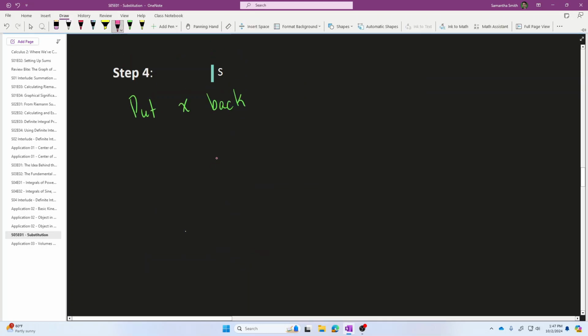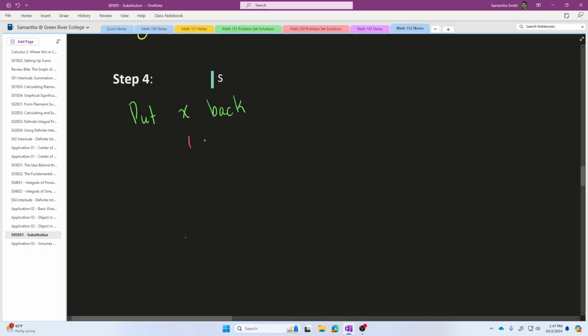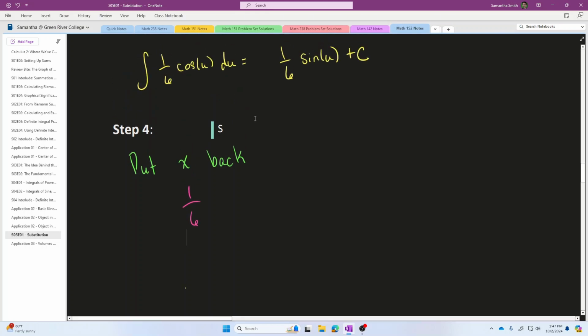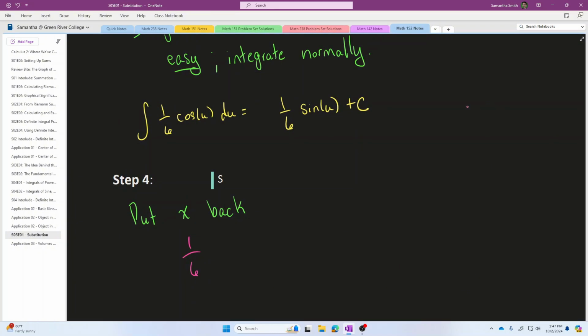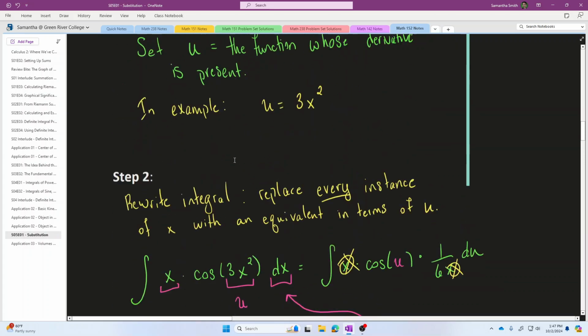So in our running example, we would be replacing that u in this antiderivative with that 3x squared that u is equivalent to in this problem. So we would have 1/6 sine of 3x squared plus c. And that would be the final answer that I would give to this problem.